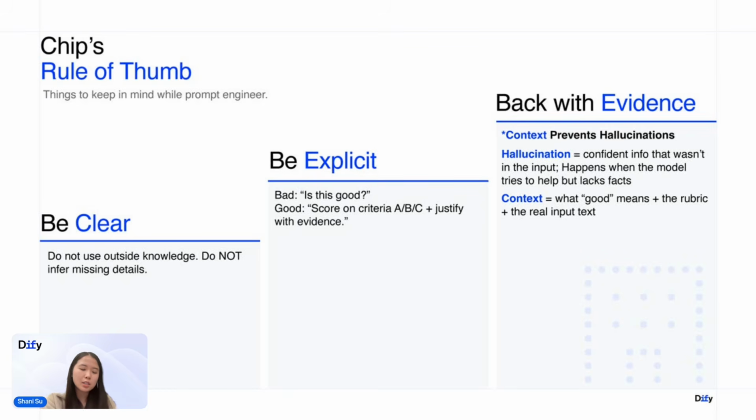Without the context of just focusing on my resume, the model can hallucinate, and it tries to make up for the lack of information with facts that are not necessarily applicable in that circumstance. So context defines exactly what a good resume means. The rubric, the real input text, and everything that you have in your prompt are great context for making sure that everything is backed with evidence.